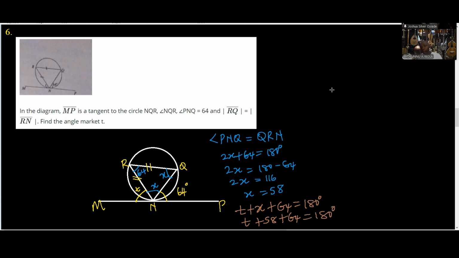Then we have, what is 58 plus 64? 58 plus 64 is 122. So that is how we will arrive at that answer, because I know all of these things, some of them you've encountered before, you just got a wrong explanation. So 180 minus 122 is now 58 degrees.